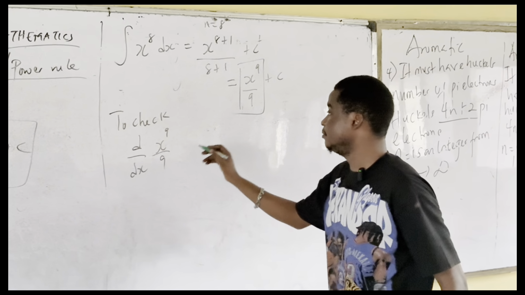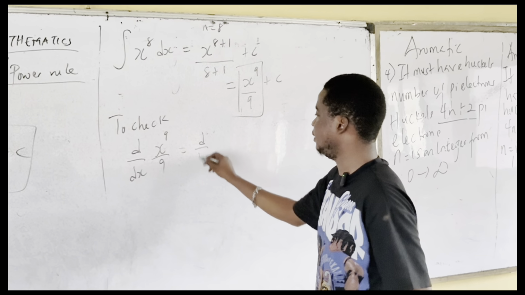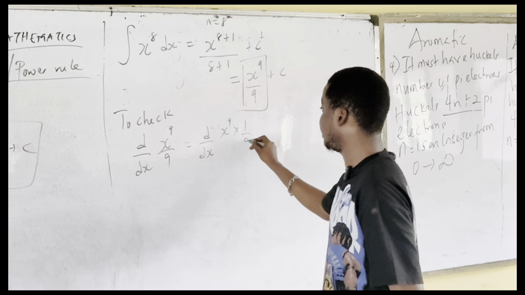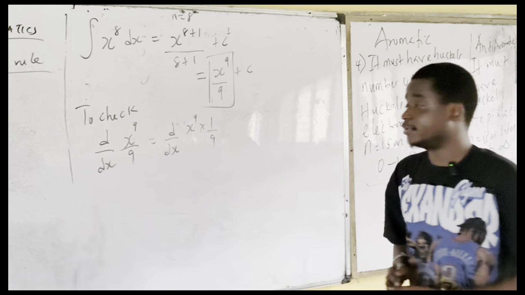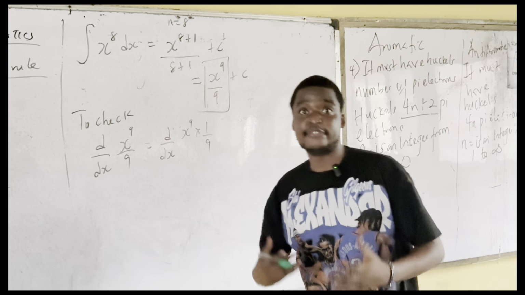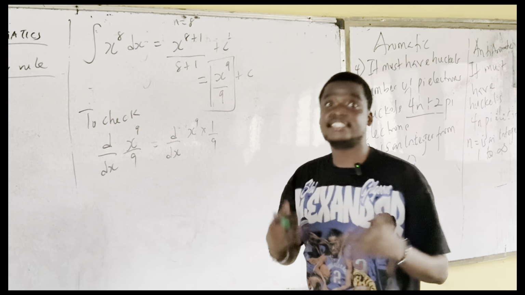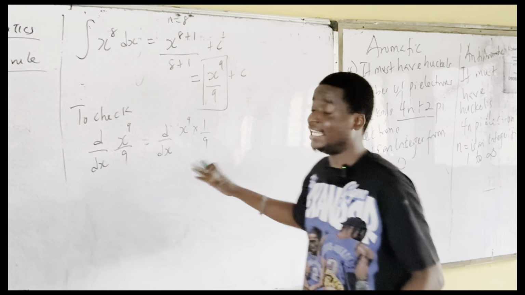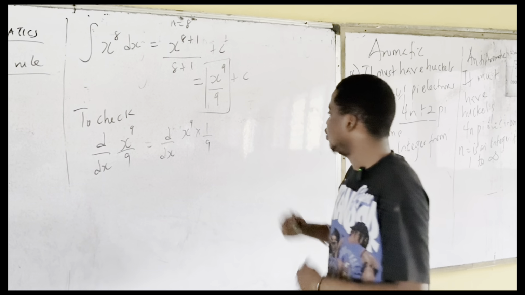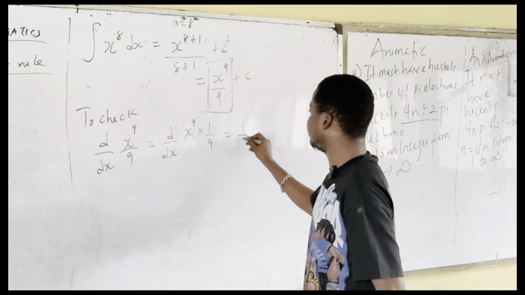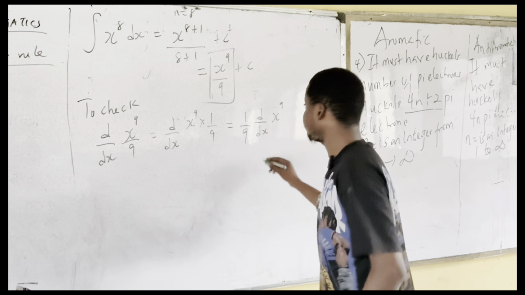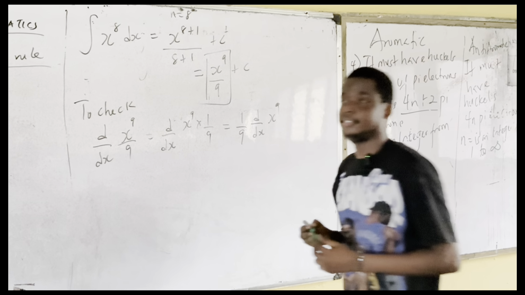This is the same thing as d/dx of x raised to the power 9 times 1 over 9. Now, there's what we call the constant multiple rule of differentiation. We also have it in integration, by the way. You can bring a constant outside the derivative and then differentiate. So this is the same as 1 over 9 times d/dx of x raised to the power 9.